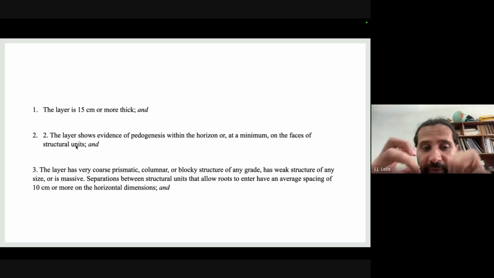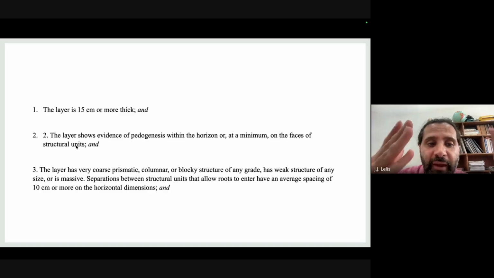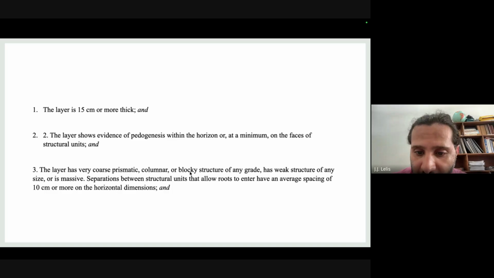Okay, this is quite important to avoid calling it, for example, a sapric layer. I can differentiate it from a fragipan, and the layer has very coarse prismatic, columnar or blocky structure of any grade, has weak structure of any size, or is massive.